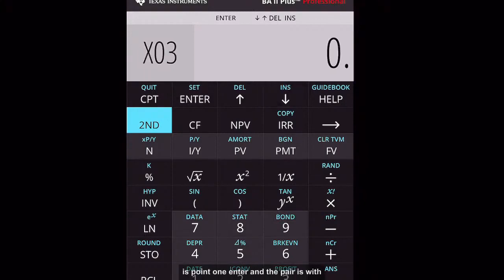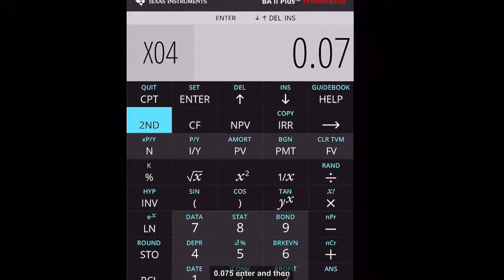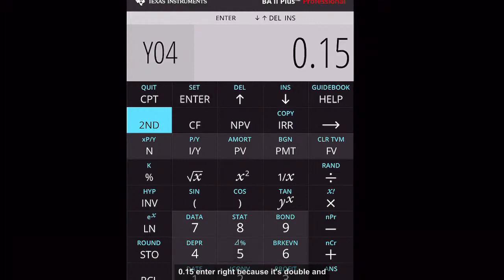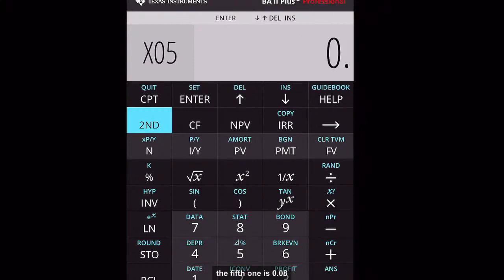And for the third one, it's 0.1, enter. And the pair is with 20. So it's always double, right? And then 4 is 0.075, enter, and then 0.15, enter, right? Because it's double. And the fifth one is 0.08, enter, and 0.16, enter, enter. Everything is inside. Okay, so did you see that? I'll give you a moment to comment and make that calculation.